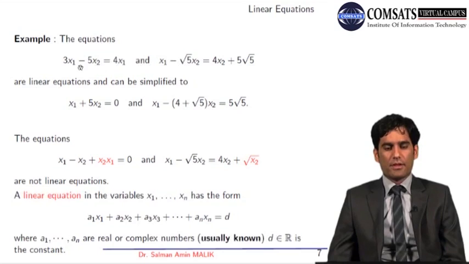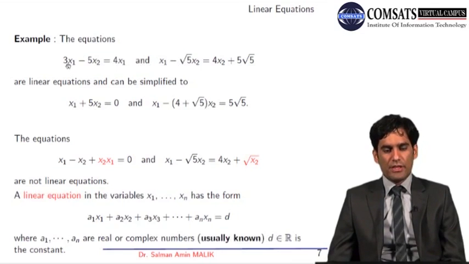Both these equations, which are here and here, are linear equations and can be simplified to these two equations. Of course, we can do the simplification. For example, this equation has been obtained by simplifying this equation.